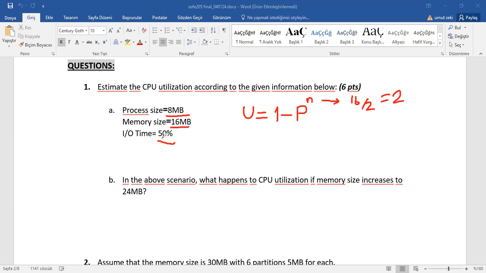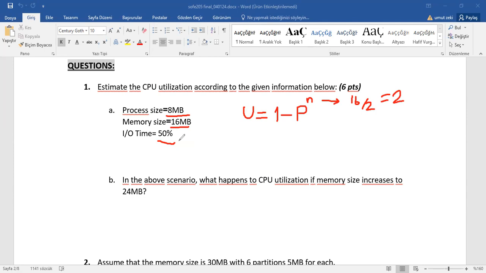P is input output time. It means how much time we are going to waste in input output. That's why we subtract it from 1, because if input output time is 30%, it means 70% of the time is used by the CPU.